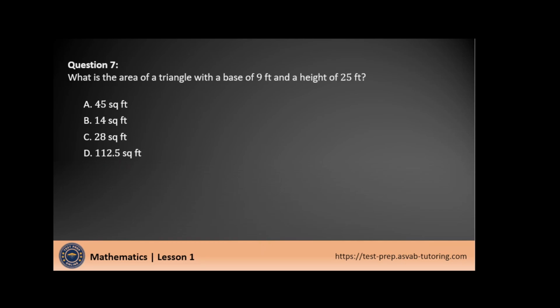Question 7, what is the area of a triangle with a base of 9 feet and a height of 25 feet? Area of a triangle equals 1/2 base times height equals 1/2. Base is 9 feet. Height is 25 feet. Okay, and then we can do these multiplication steps in any order. I'm going to do 9 times 25 first.